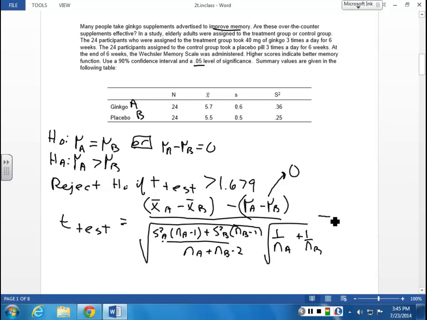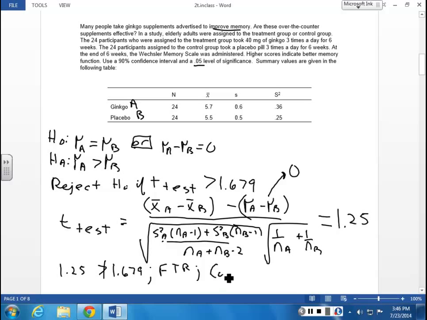And that all comes out to be 1.25, which is, I'll put here, 1.25 is not greater than 1.679. So we fail to reject H0.